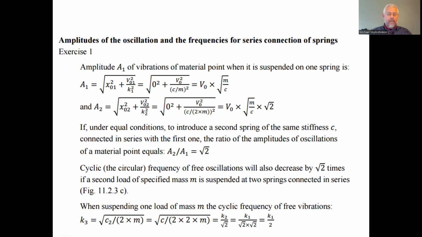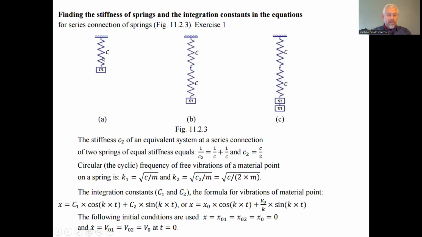So if we keep solving this equation, we can find the amplitude of the oscillation in the first case, when we have only one spring of the suspension of stiffness index C. So this impacts the cyclic frequency K. It enters the equation for determination of the amplitude of the oscillations in the suspension by only one spring.